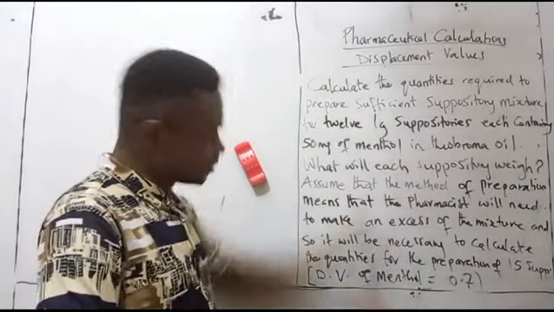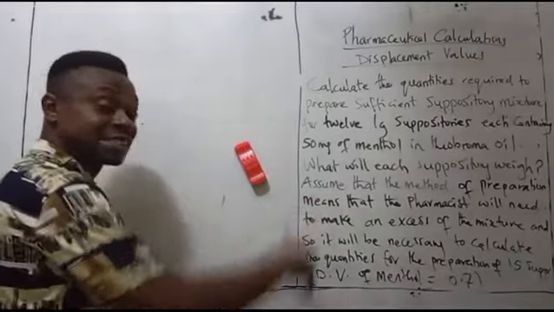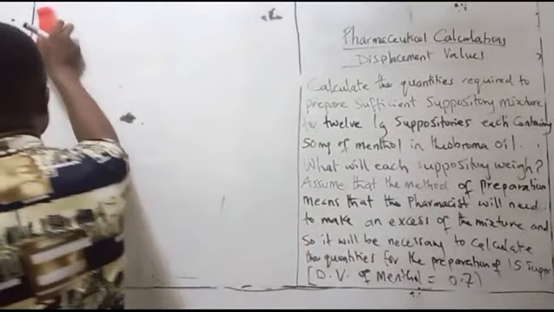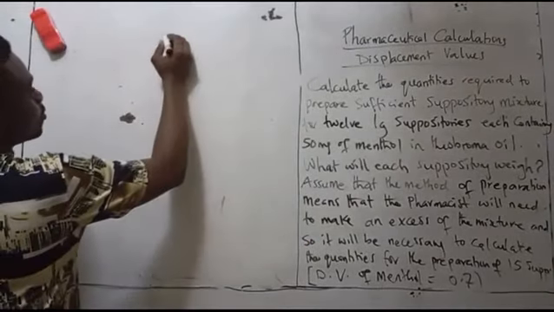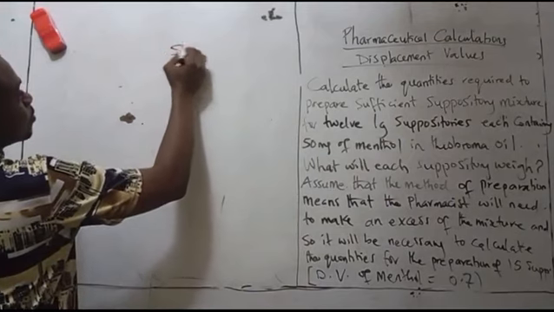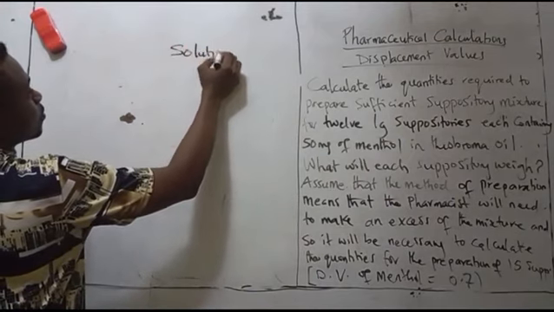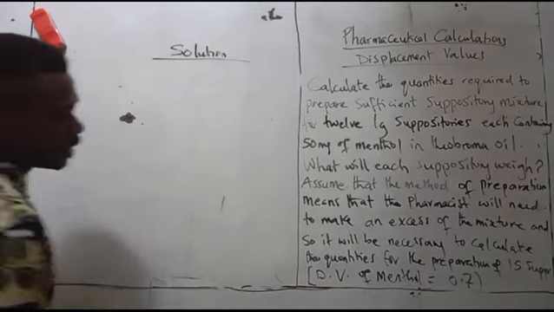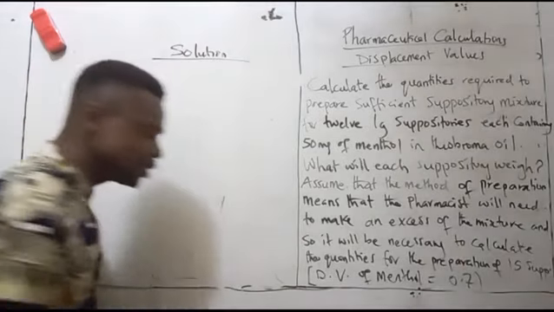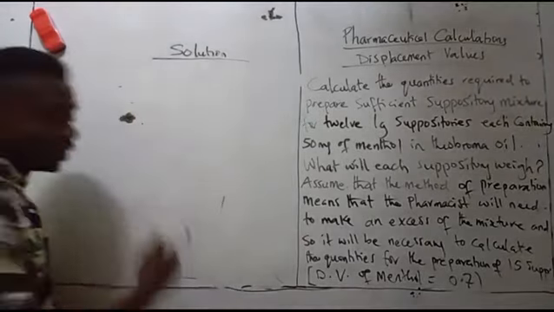So let me now put what I just said in calculation form. All right, let's go. Solution. First of all, remember, we'll start from the DV.